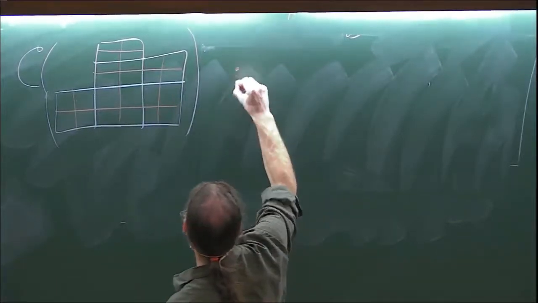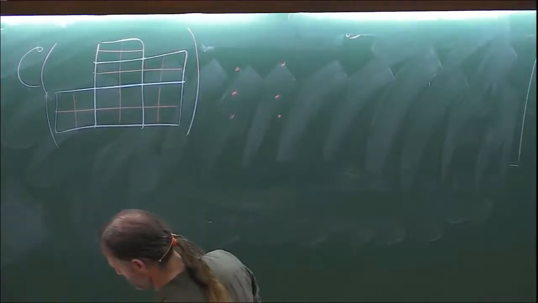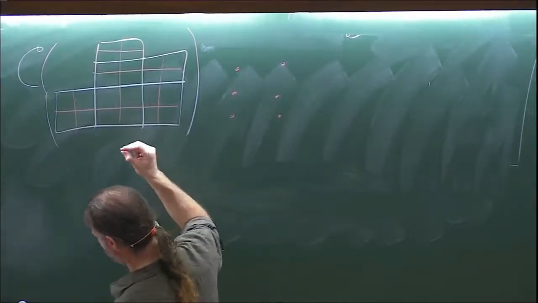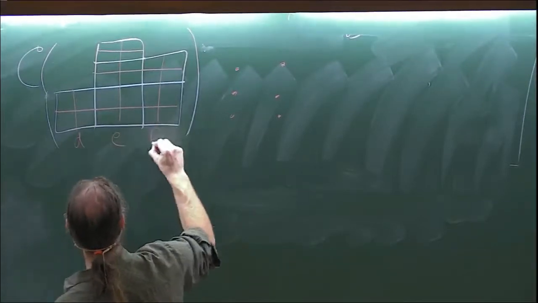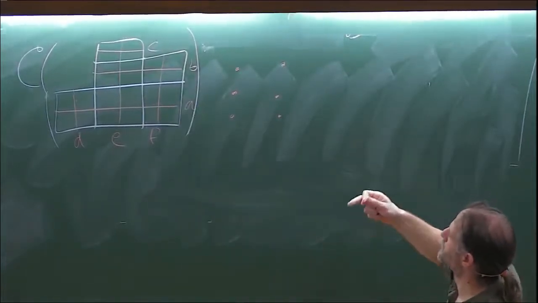So there will be 4, 5, 6, and then let's see, I wanted to label these: D, E, F, A, B, C. Okay, so it turns out that most of these things intersect, but some of them don't.